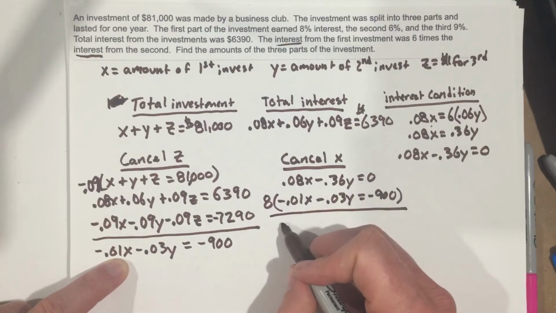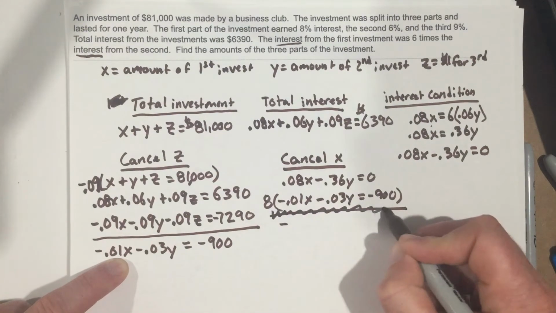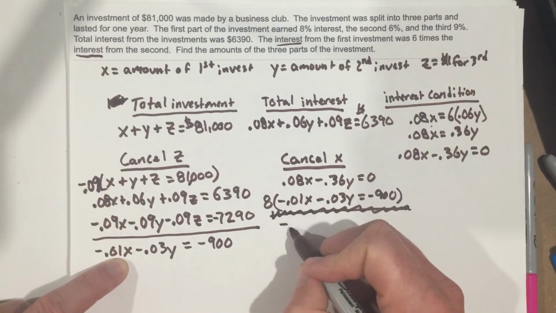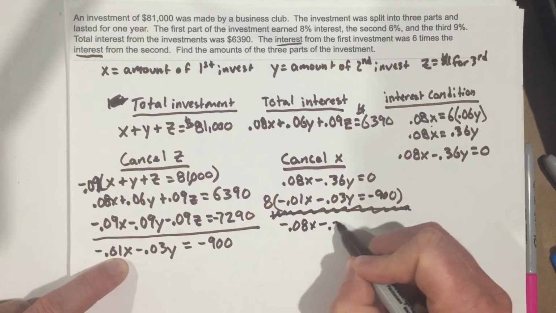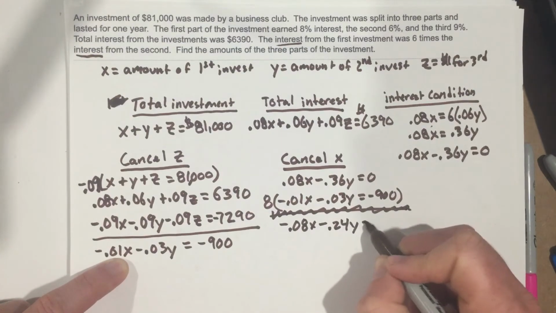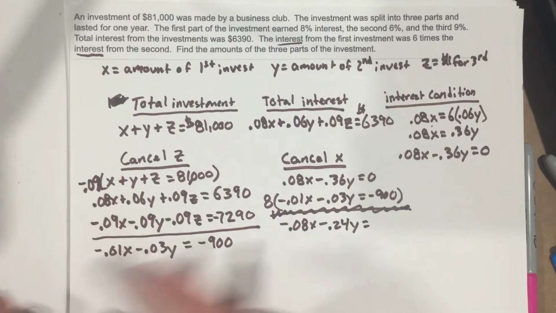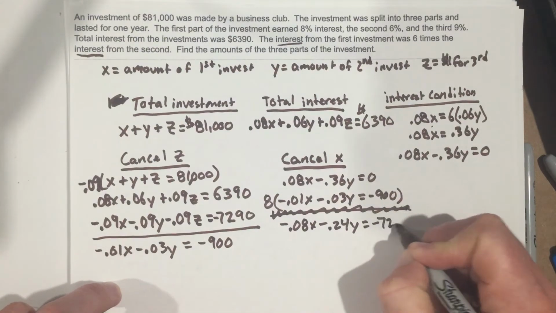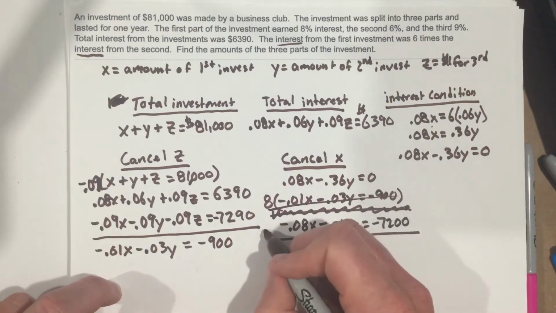That's going to give you negative 0.08x minus 0.24y equals negative 900 times 8, negative 7,200. Now I'm going to add these together.